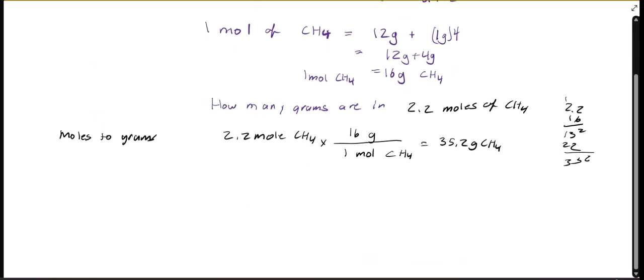If I needed to do grams to moles, I just set it up, do the same thing, just I'll have my conversion factor upside down.